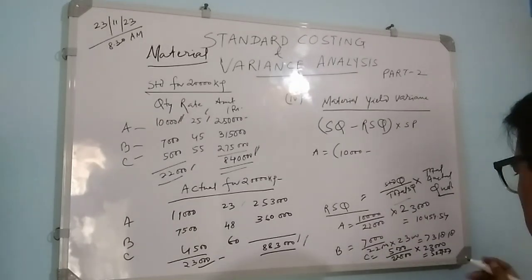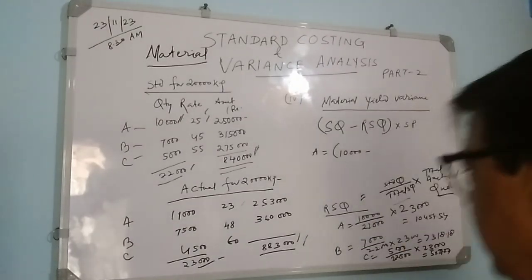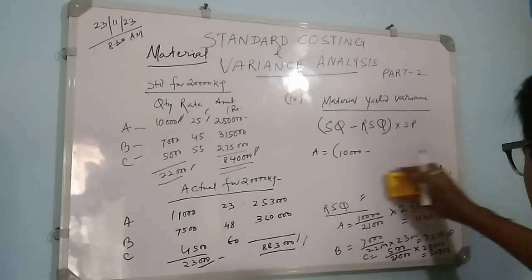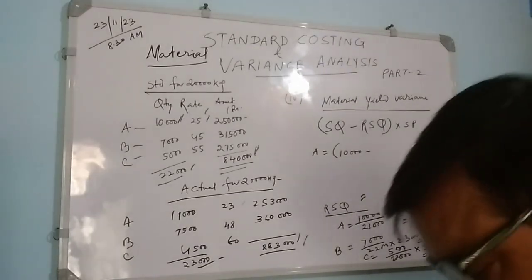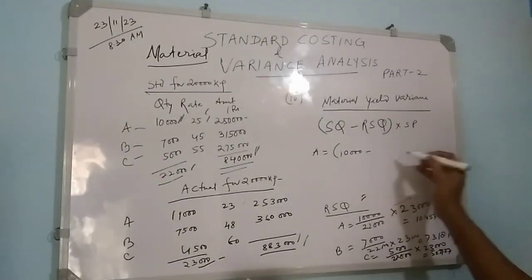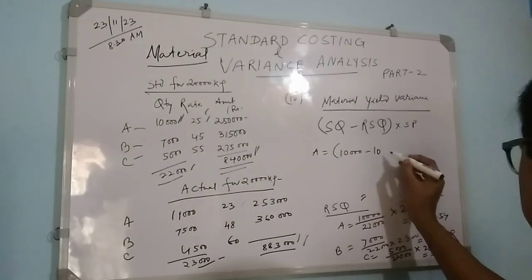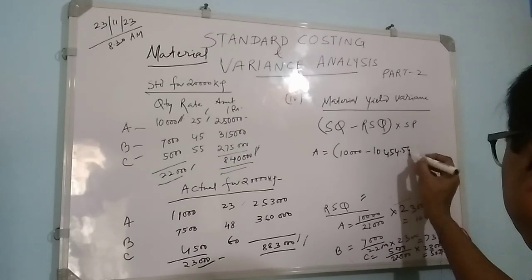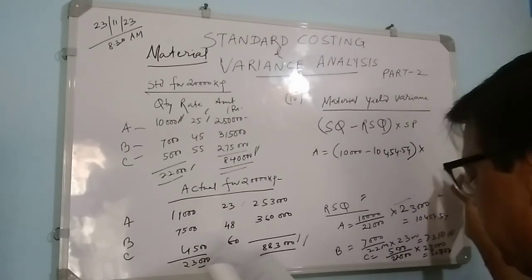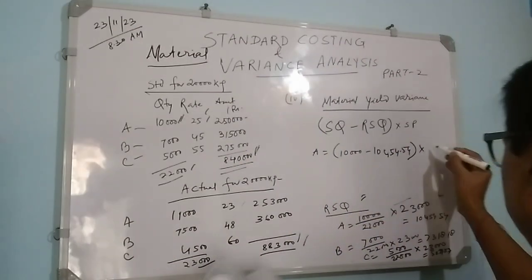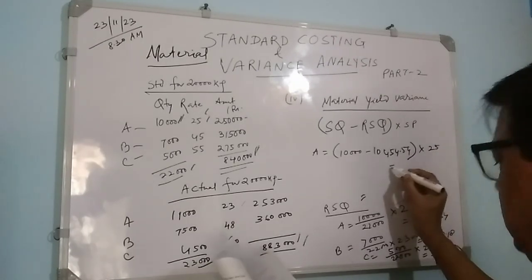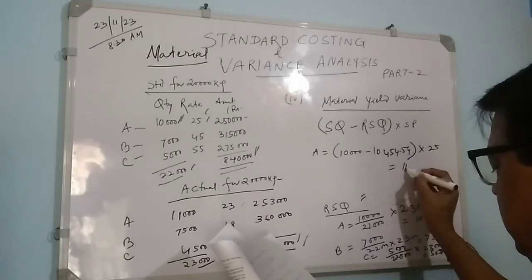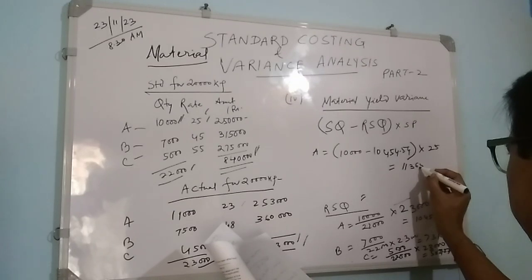So now formula wise you have to go for that. Your first component is 10,000 minus 10,454.54 into standard price 25, that will be 11,365.